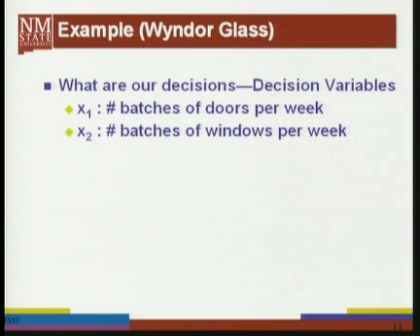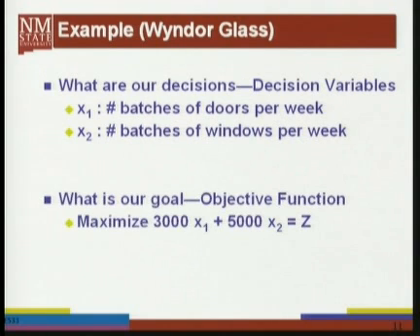So we define two decision variables, x1 and x2, which represent the number of batches of doors produced per week and the number of batches of windows produced per week, respectively, right? And our goal is to maximize profit.